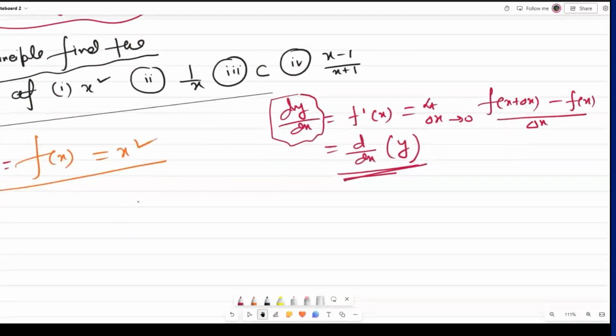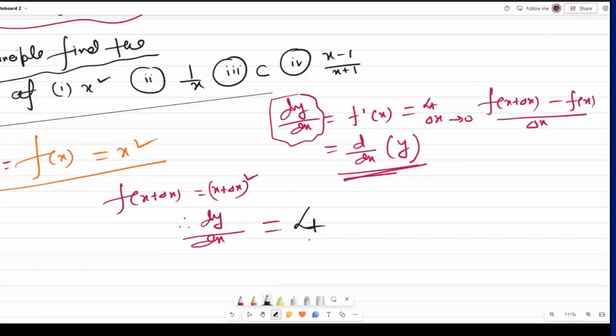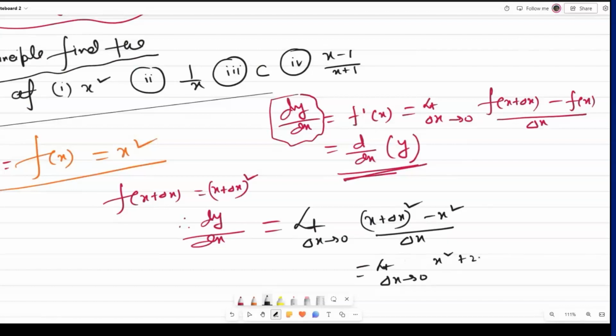So f of x plus delta x will be changing x only: x plus delta x whole square. This is the definition. Now dy by dx we write as the limit of f of x plus delta x, which is x plus delta x whole square. Just simple applications. We are not doing it for the sake of mathematics, we are doing it for physics.